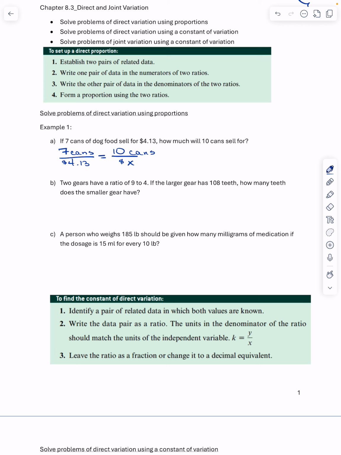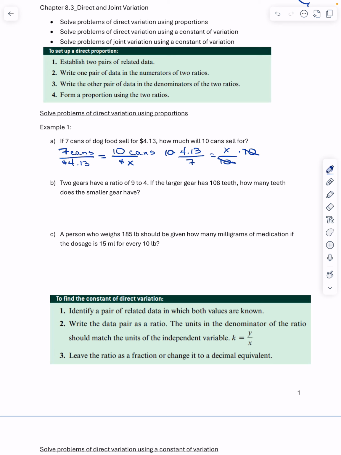Now, this is the way I set it up because this is the way I read it. I am allowed, because it is a proportion, to flip things over. It's a little easier when the X is in the numerator. So all I have to do now is multiply both sides by 10, and then we're going to multiply 10 times 4.13.